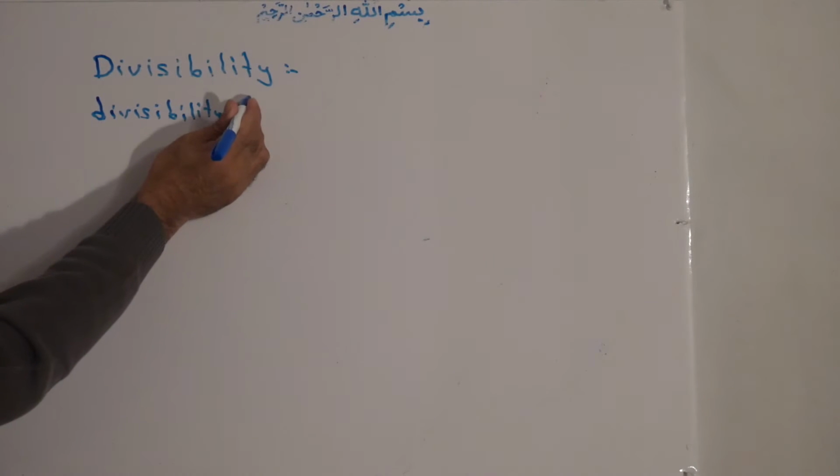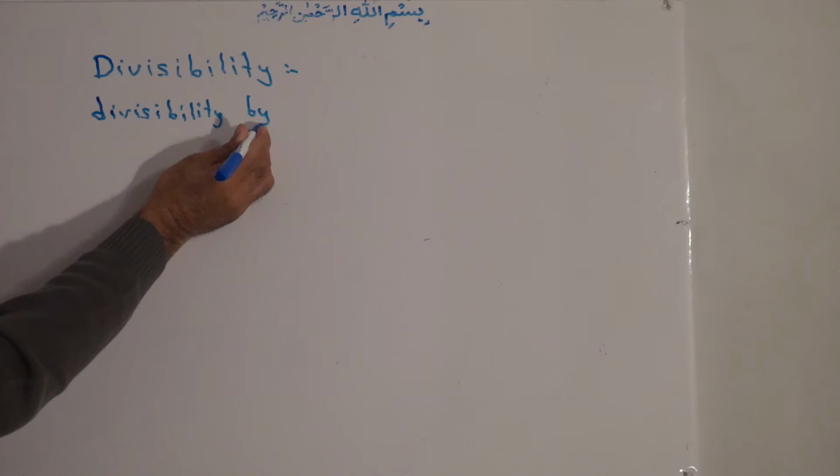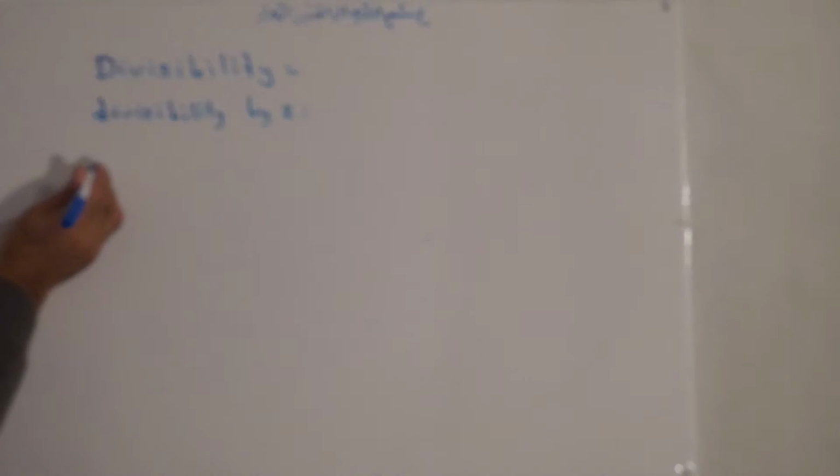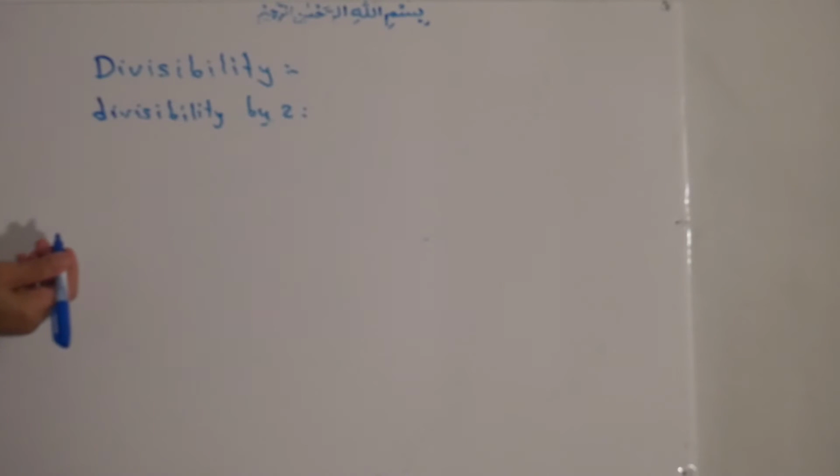Divisibility by 2. Which numbers are divisible by 2?